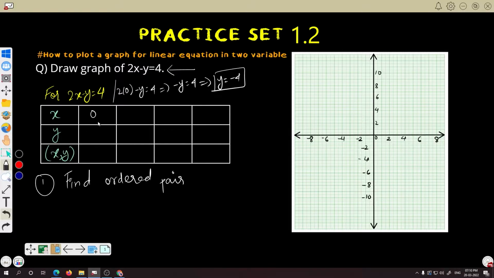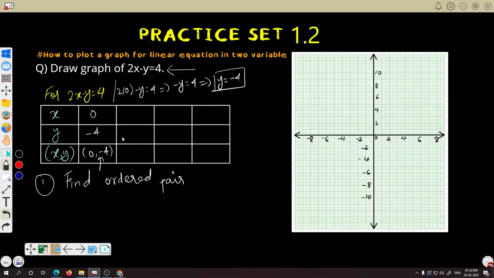It means if I take x as 0, the value of y should be minus 4. So I have the coordinates as 0 comma minus 4. So this is my first ordered pair. We can also say that this is a point whose coordinates are 0 comma minus 4.